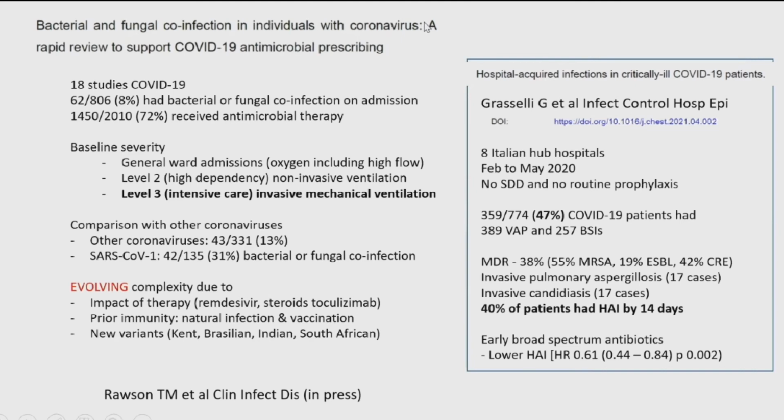They had 17 cases of pulmonary aspergillosis and invasive candidiasis each. And one of the reasons they found for this was that early broad spectrum antibiotic usage reduced the hospital acquired infection rates. This, as we have already discussed, is especially true because of the environment and the caseload.